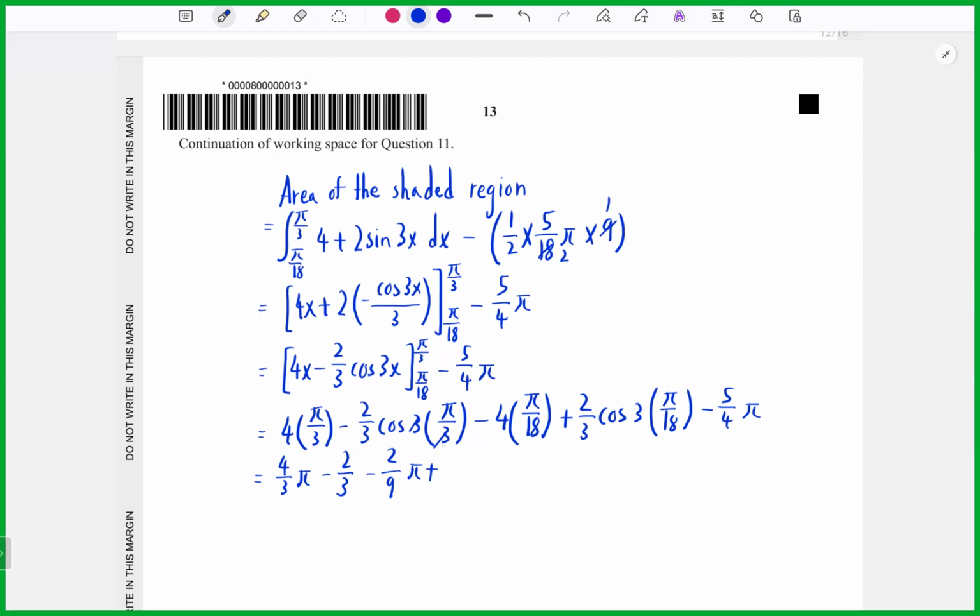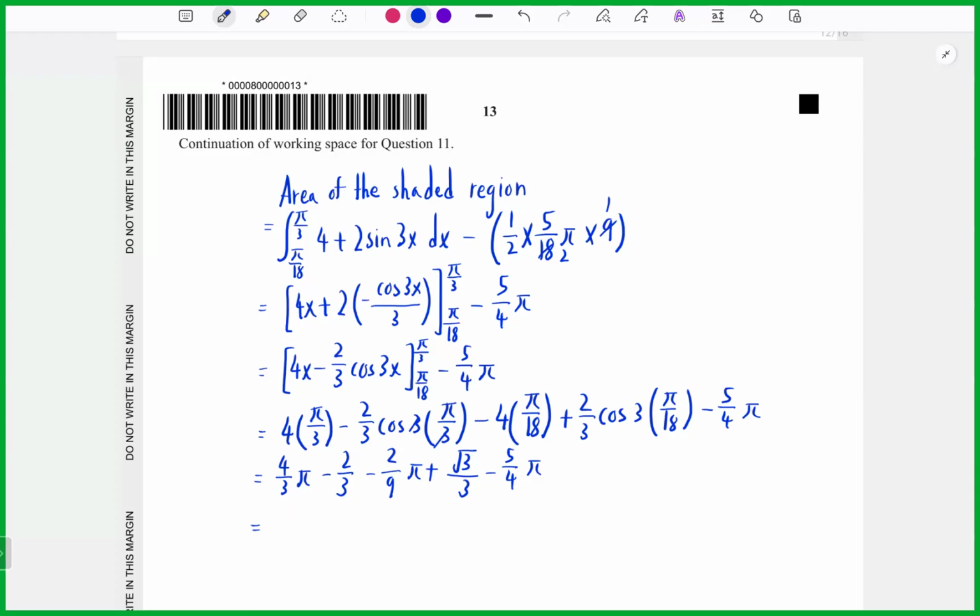You will get 3 over 3 minus 5 over 4 pi. So it equals to 4 over 3 pi minus 2 over 9 pi minus 5 over 4 pi.